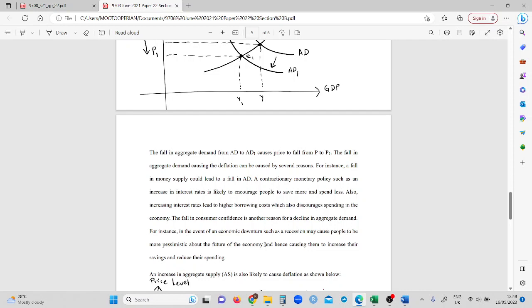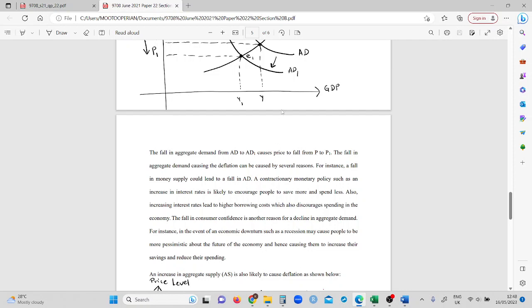There was a sort of recession at the global level. So this caused people to be more pessimistic about the future, to prepare for any unpredicted economic situation that could arise. In order to prepare themselves for the future, they will want to increase their savings and reduce their spending. Okay? So this is the level of consumer confidence.